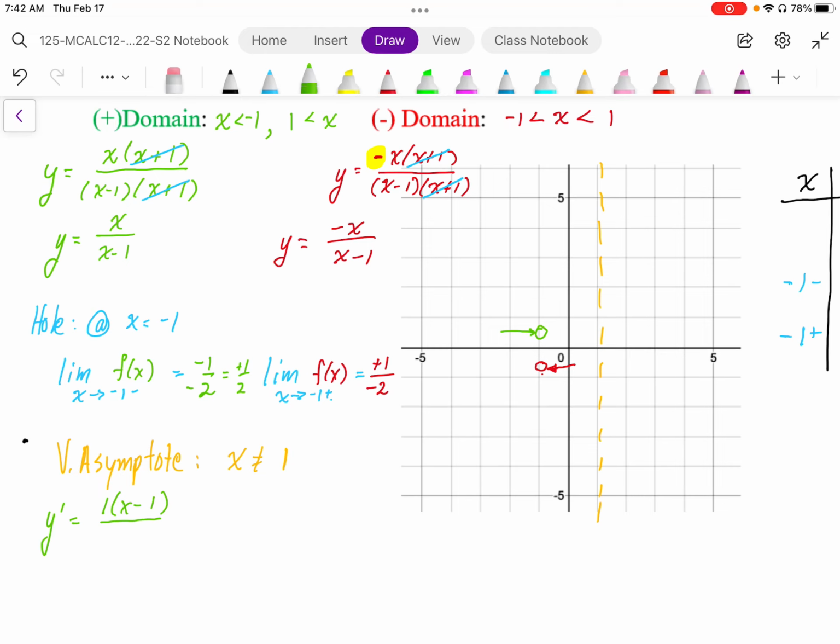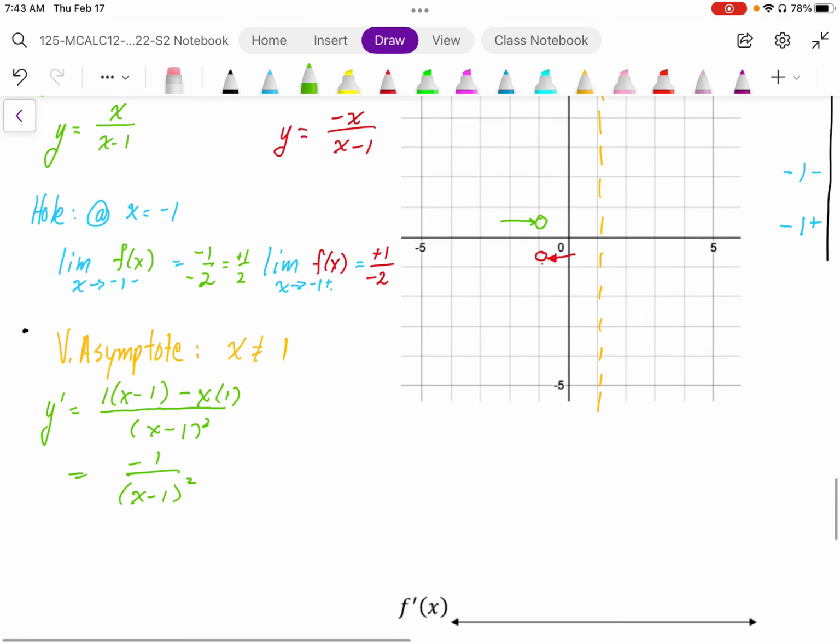So it's going to be minus x times the derivative of x minus 1, and then that's all over x minus 1 squared. Simplifying that expression, the x's cancel out, and I end up with -1 on top, and x minus 1 squared on the bottom.